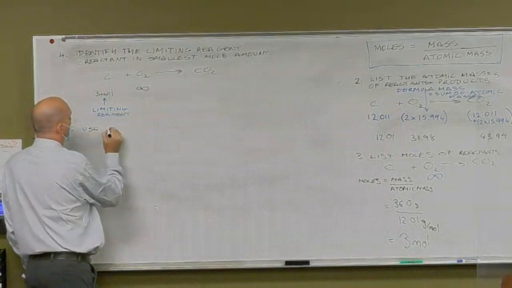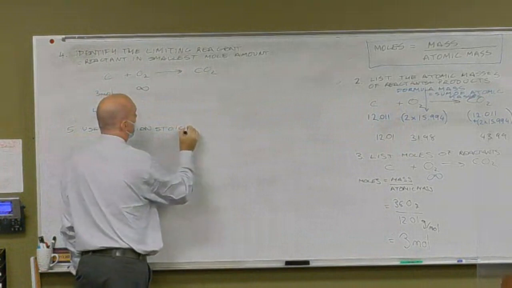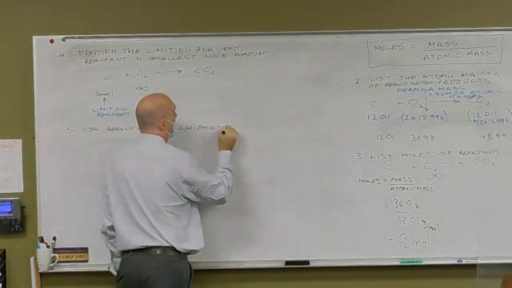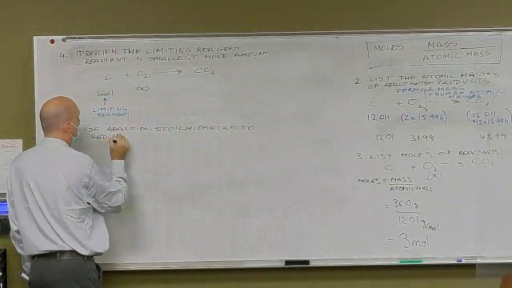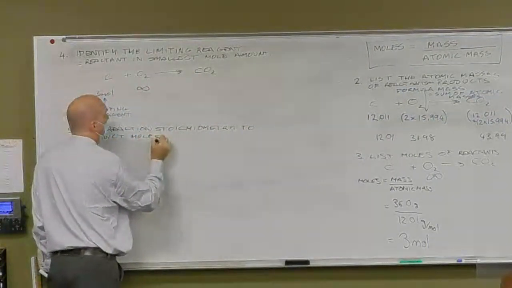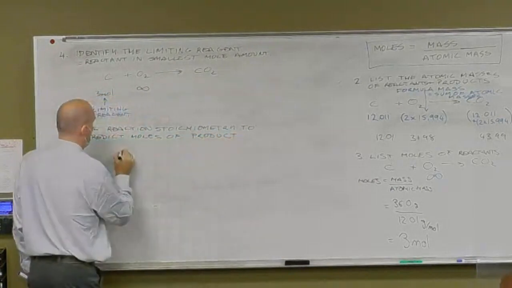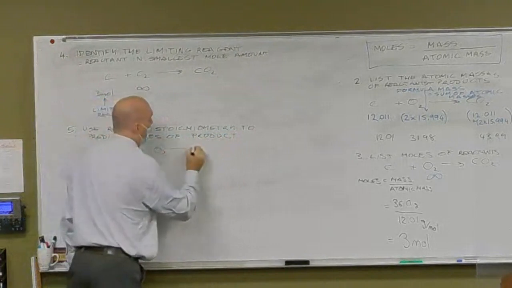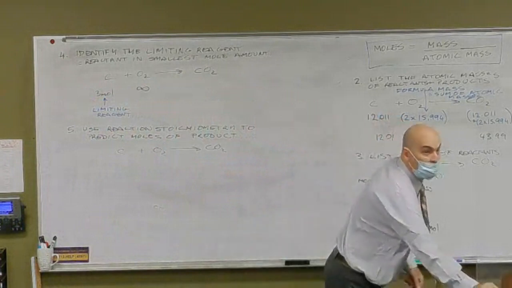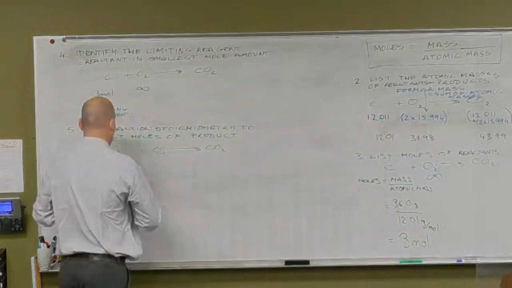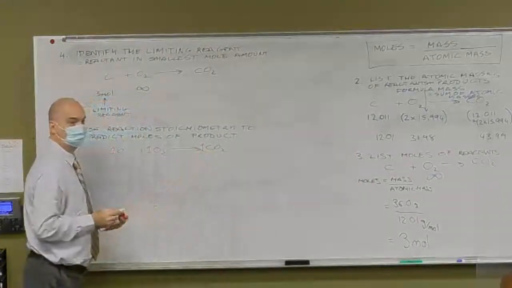5. Use the reaction stoichiometry to predict moles of product. Okay, again, I have carbon plus oxygen making carbon dioxide. And the stoichiometry on my balanced equation said if I had one of these and one of those, I would make one of those.